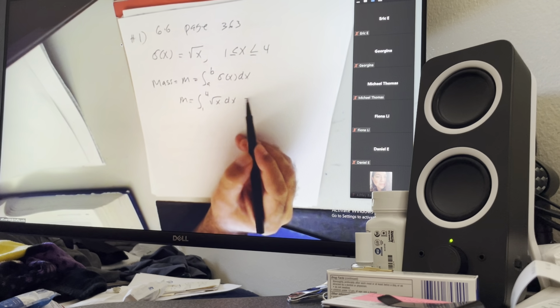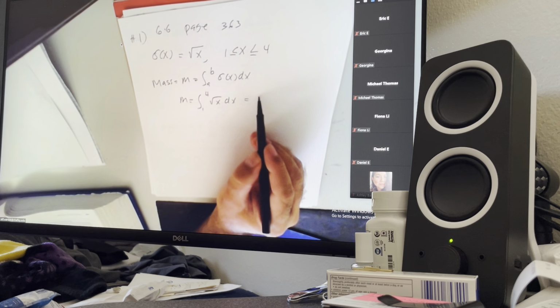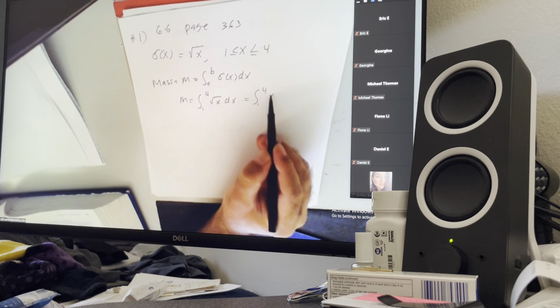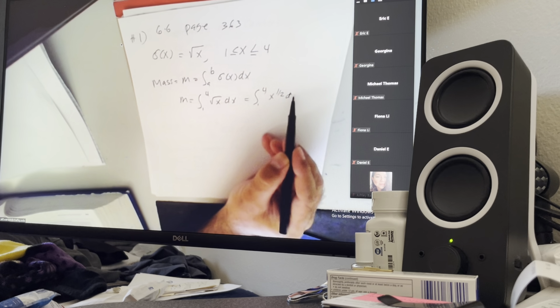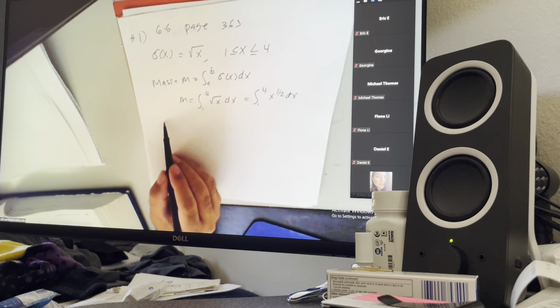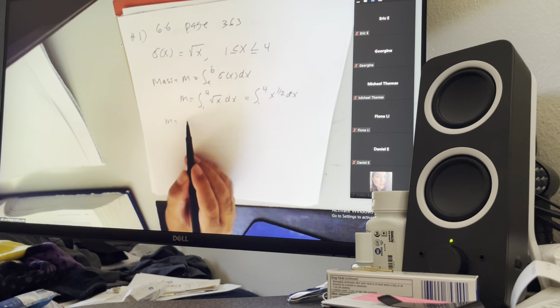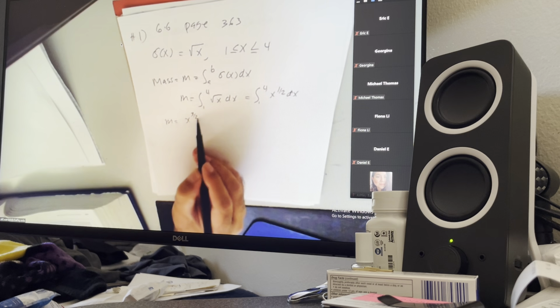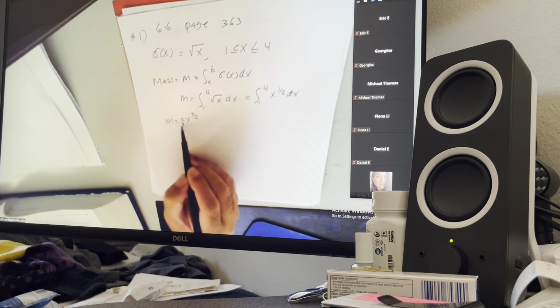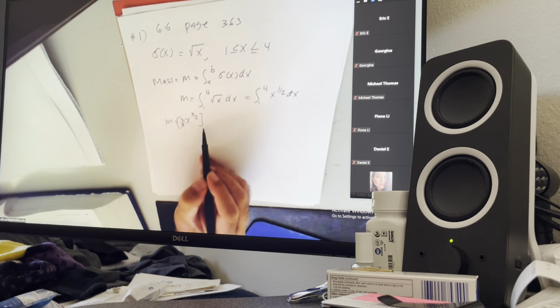Very simple, we're going to integrate that. This is the same as the integral from 1 to 4 of x to the 1/2 dx. So M will be, you raise the power by one, so that gives you 3/2, multiplied by 2/3, from 1 to 4.